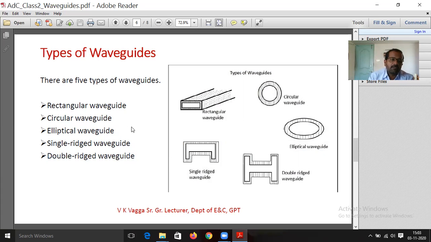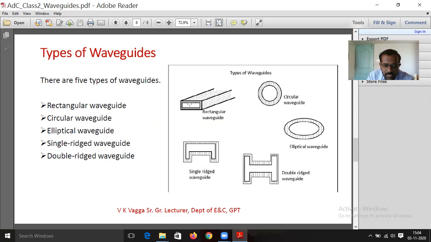So if you take the types of waveguide, it is classified into five types here. One is the rectangular waveguide, another one is the circular waveguide, another one is the elliptical waveguide, one more is the single ridge, one more is the double ridge. All these classifications are based entirely on the shape of the waveguide.